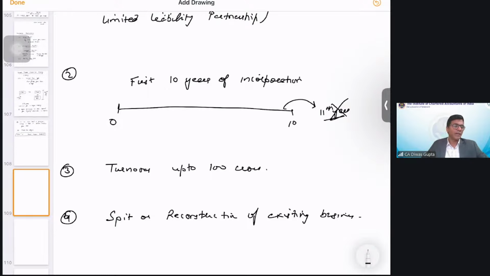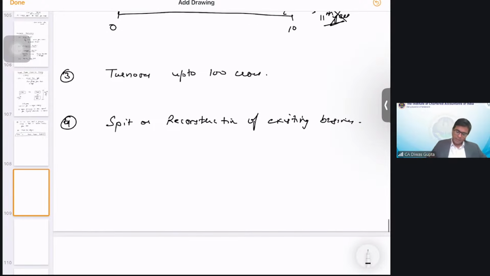Then the last point is on innovation: develop or improve.